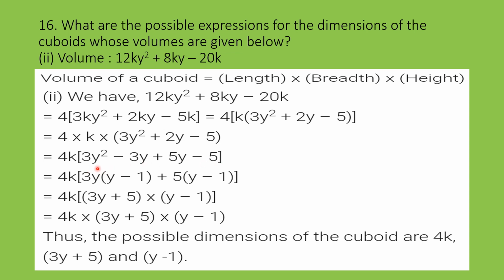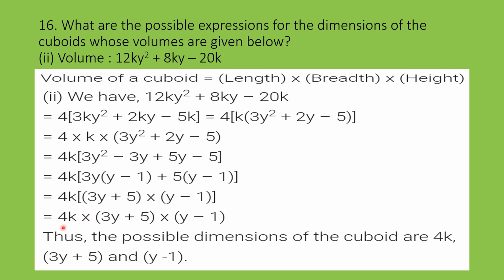Now from the first two terms you can take 3y as a common factor. So you will have 3y multiplied by y minus 1, plus from the last two terms 5 is common. So you write it as plus 5 multiplied by y minus 1. In both the terms you are having y minus 1 as a common factor. So you can write it as y minus 1 multiplied by 3y plus 5.